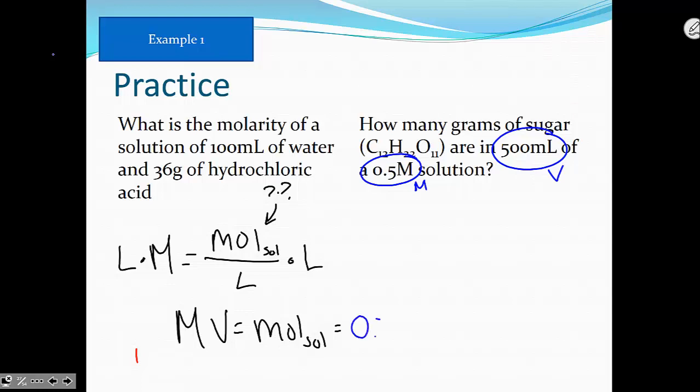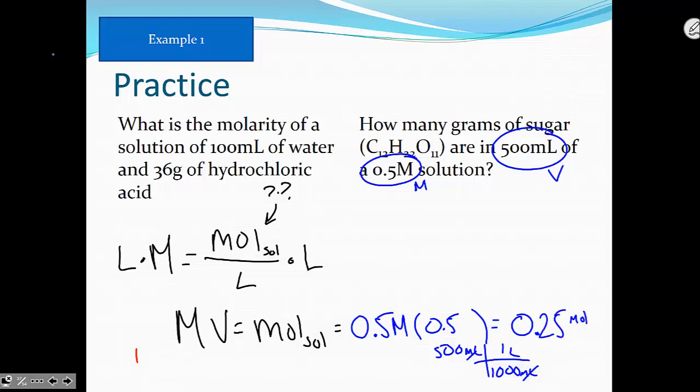So 0.5 molar times 500 milliliters can't go here. We need the number of liters. So we'll take 500 and divide by 1,000 to get rid of milliliters to get 0.5. There's a quarter of a mole of sucrose here.